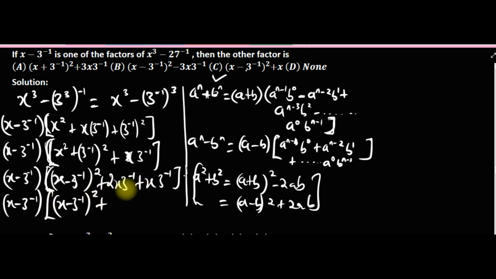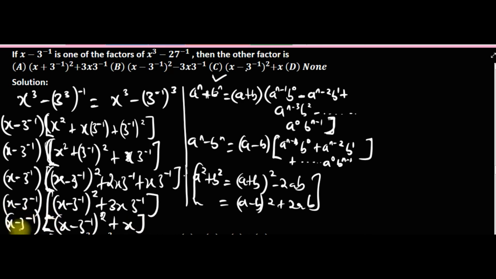We add the coefficients, these are the same, so we have 3x 3 raised to the power minus 1. So finally we have x minus 3 raised to the power minus 1 squared plus 3 times 1 over 3, which is 1, so 1 times x is x. So remember, we are giving one of the factors to be this, so the remaining bracket is the other factor. So the answer is C.